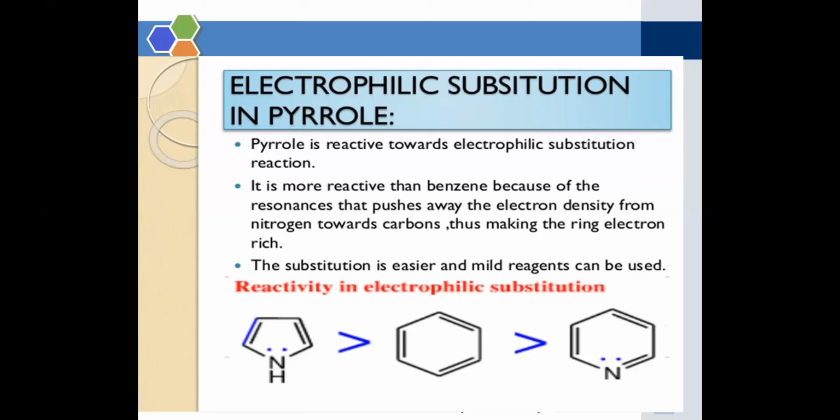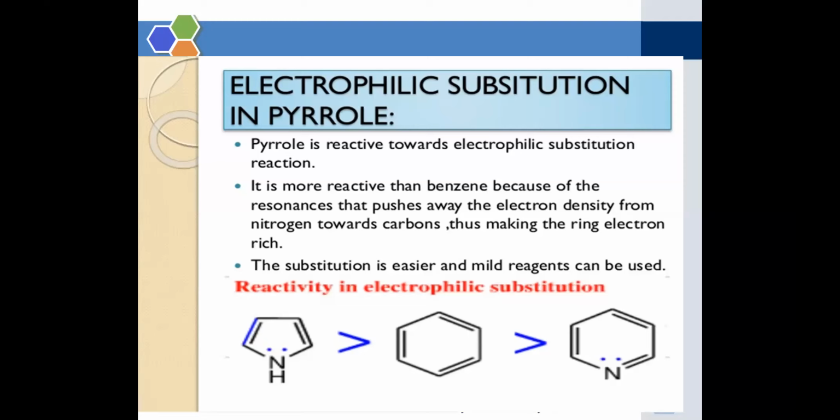In benzene and pyridine, the electrons are moved across the 5 carbons, whereas in pyrrole, the electrons are moved across the 4 atoms. So there is more availability of electrons in pyrrole as compared to pyridine and benzene. That's the reason why pyrrole is more reactive than benzene and pyridine towards electrophilic substitution reaction.